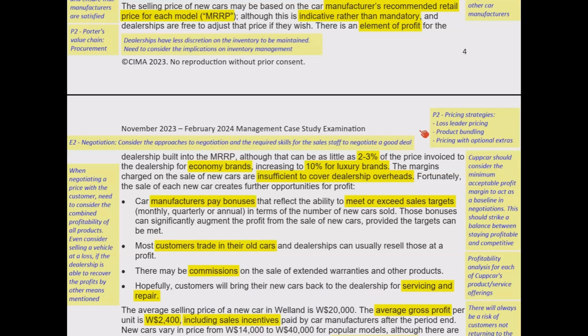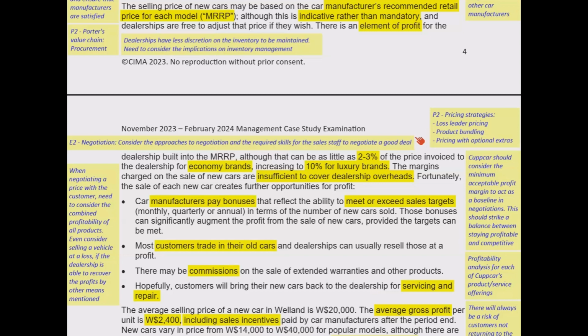It means that there are lots of dealerships in Welland run by different dealer companies, so run by Cuppcar or its competitors, who will be selling the same make of car. So actually, the price is going to be very competitive. They're all going to be looking at competitors to see what they are selling the cars for. So pricing is perhaps going to have to focus on what is the competition selling this car at. And that's what's driving down the margins.